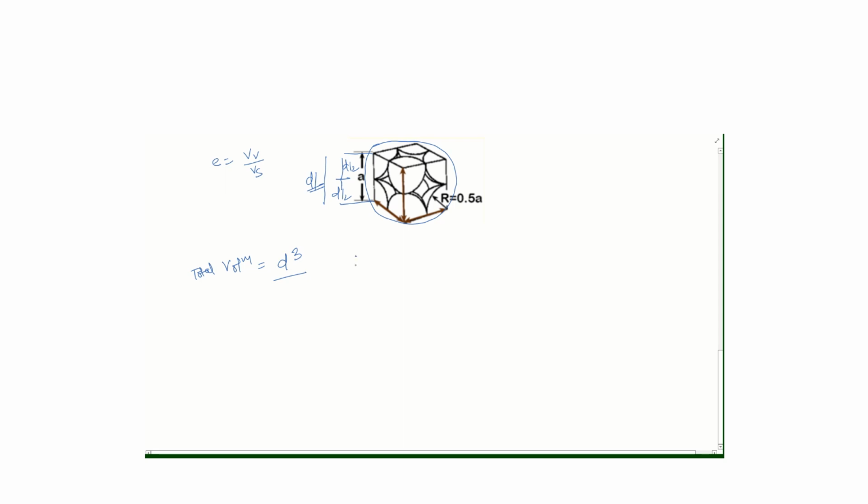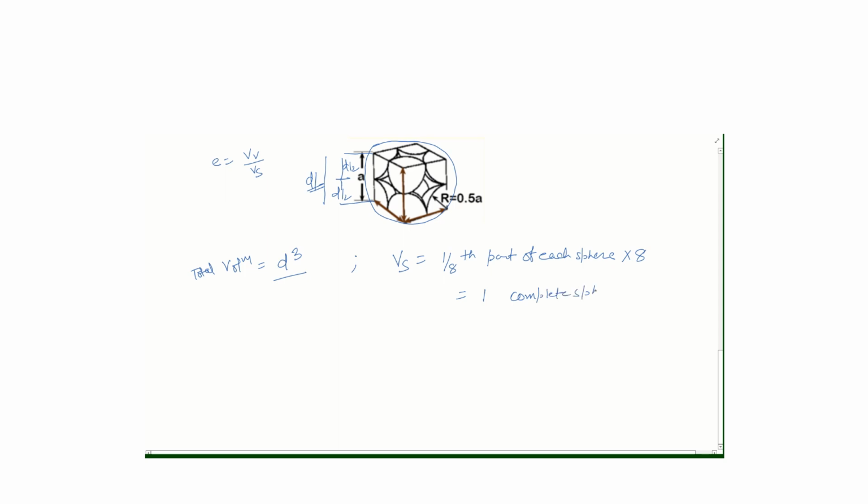Now I have to determine the volume of solid, meaning the volume of the solid grain. We have taken 1/8 of each sphere, and the total number of spheres is 8, so I simply multiply by 8. So we have one complete sphere.